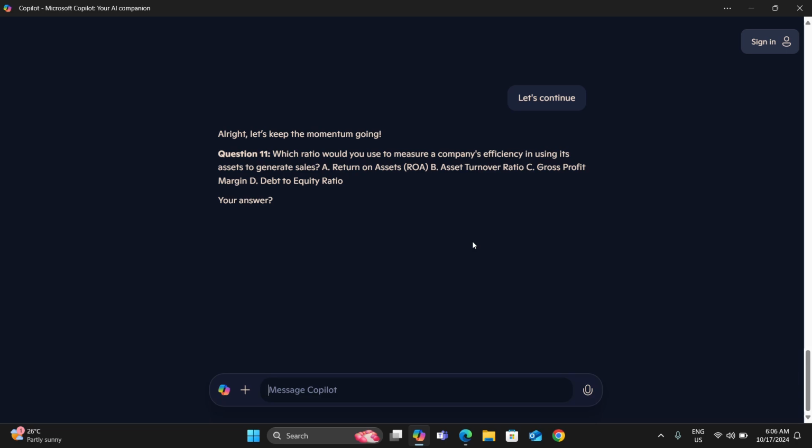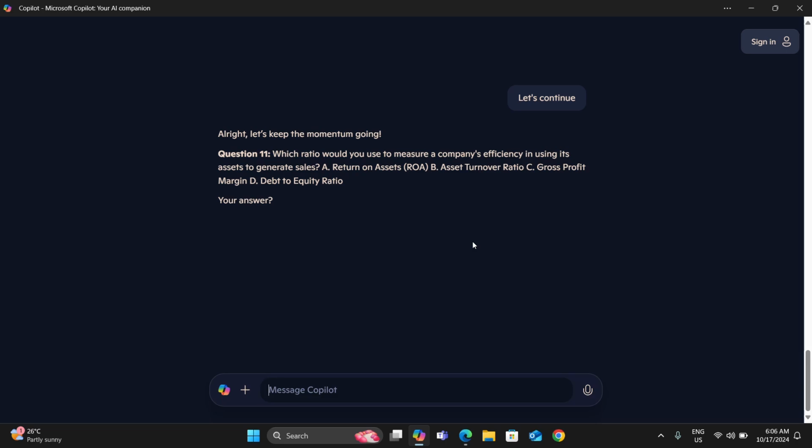Assets, average assets, that's the turnover. And sales, that's sales over assets. Asset turnover ratio is sales over assets, based on my memory. So maybe it's that.